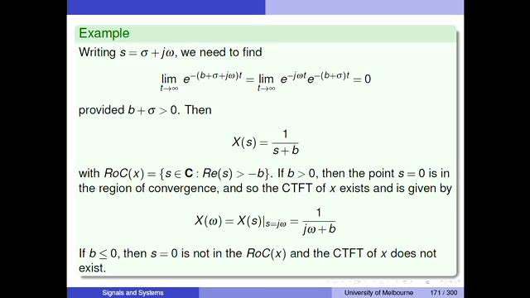And if b is positive, my origin, or 0, will be inside the region of convergence of X, which you can see if b is positive, you can always easily find the Fourier transform of the signal. So it just substitutes s by jω.